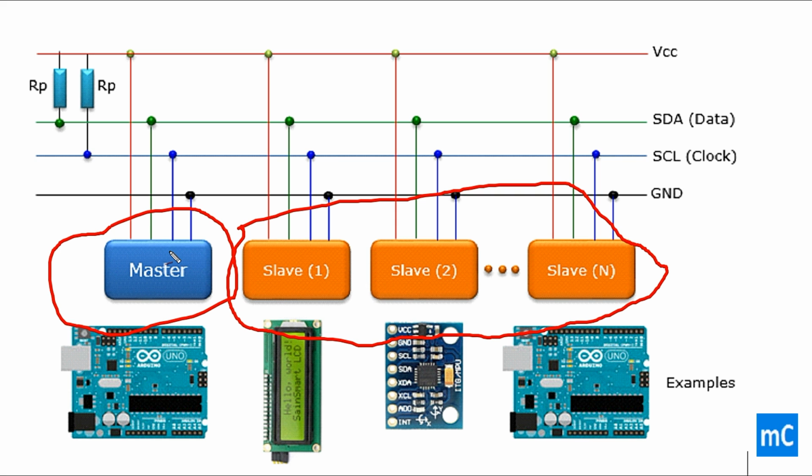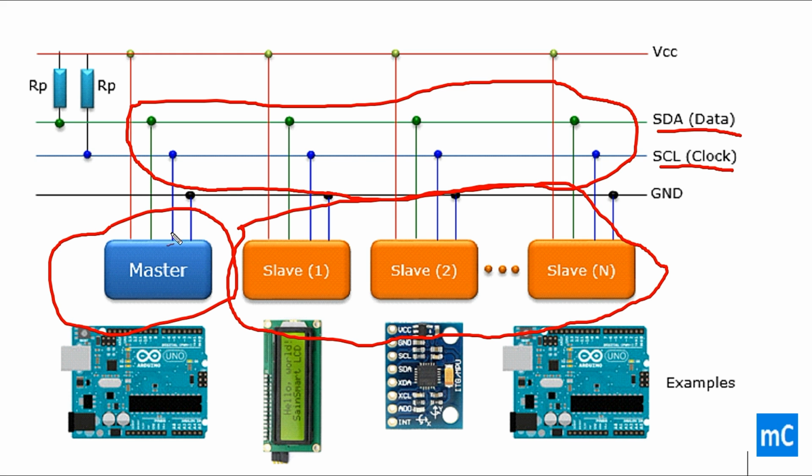From the master, two lines are taken out, that is the data line and the clock line, SDA and SCL. So this SDA and SCL are connected to the n number of slaves like this, as shown here.